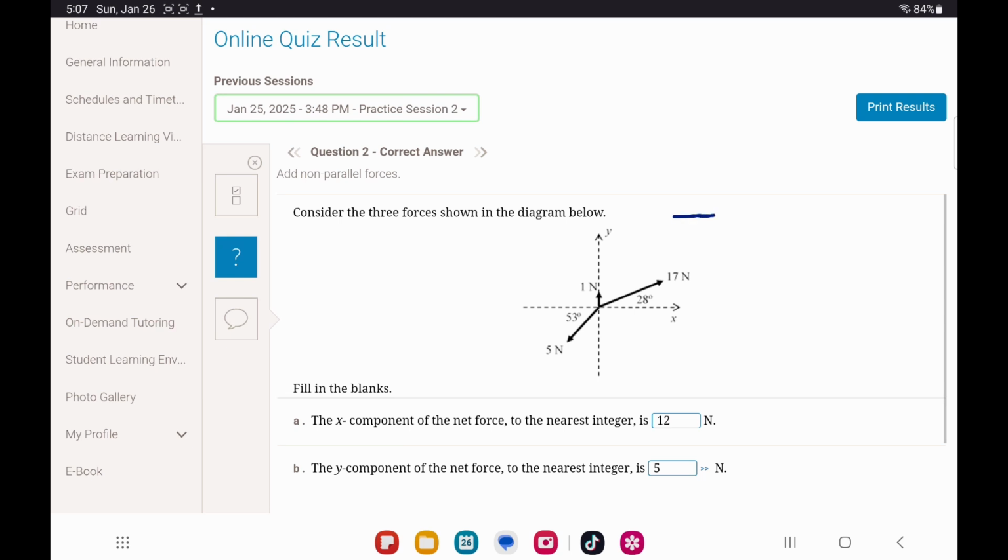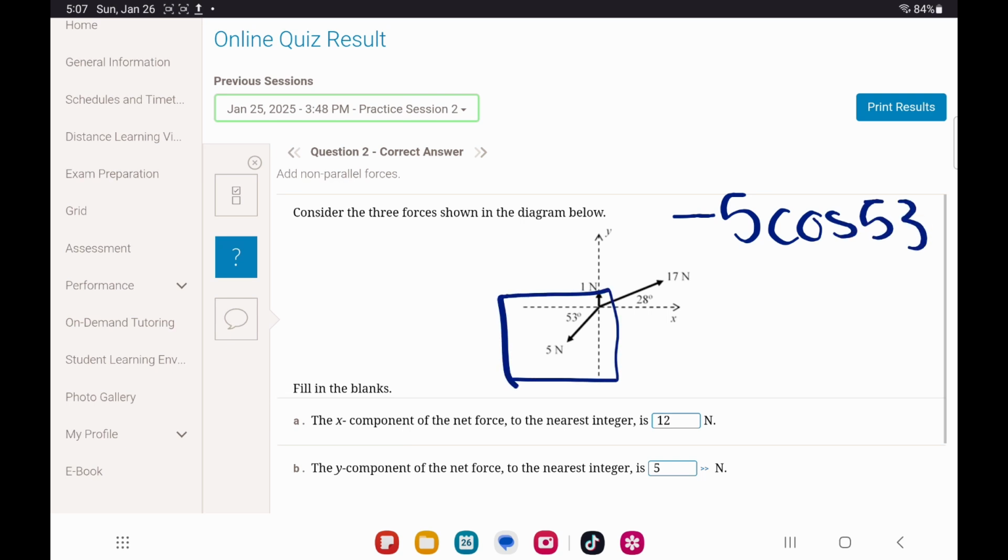So it's negative 5 cosine 53, because we found out that cosine here is negative. Also sine, so let's remember that too. If we go on our calculator, we do negative 5 cosine 53, you get negative 3.009.